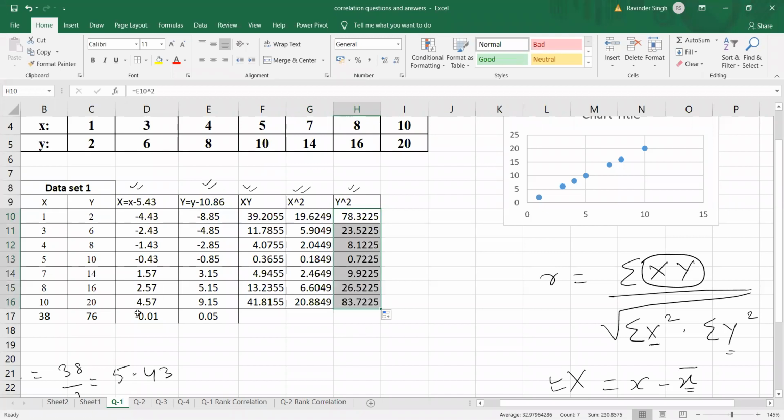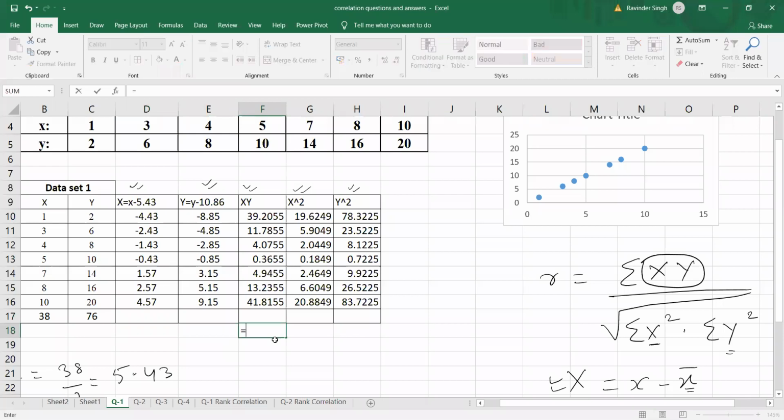So actually these two values I don't require at all, so I will just delete them. What are the sum values we have? We need only those. We need the summation of X, Y. It means I have to add this value, the sum of X into Y. Now you can see I have got the value 115, which is the summation value.